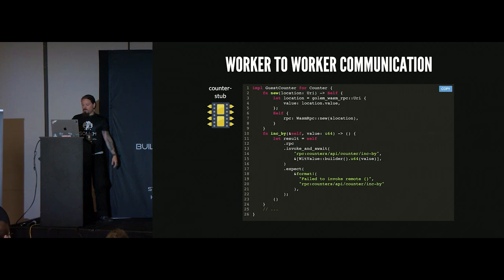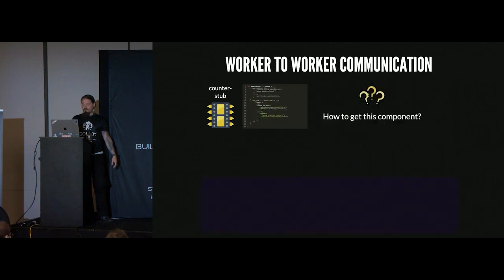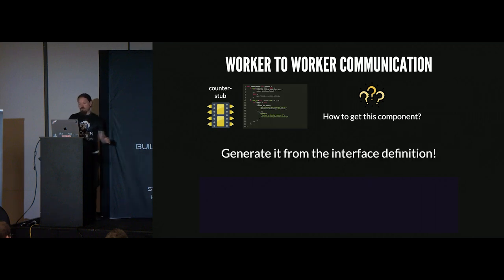But how can we get this counter stub thing? We don't want to write these by hand, definitely. So the good news is that you can just generate all these stubs only from the interface definition of the component that you want to call.